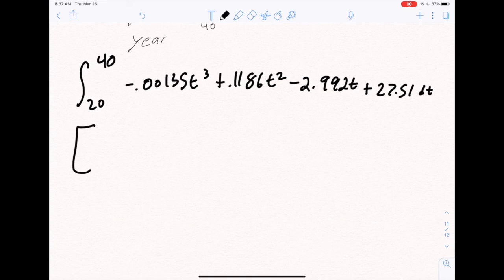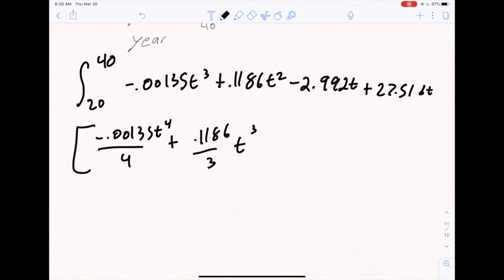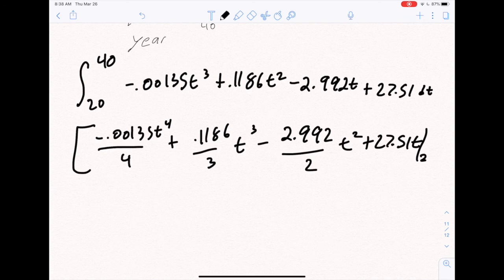And then that'll get us minus 0.00135t to the fourth over 4 plus 0.1186 over 3 times t cubed minus 2.992 over 2 t squared plus 27.51t, evaluated as t goes from 20 to 40.